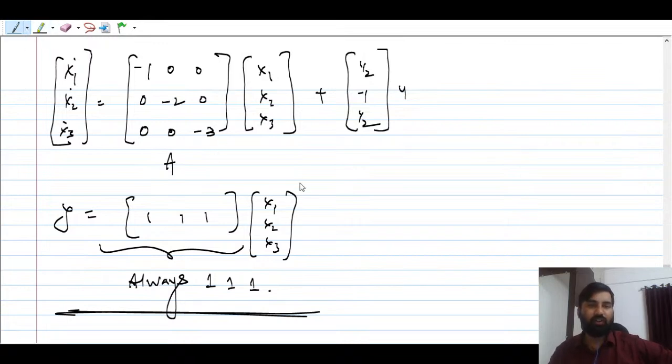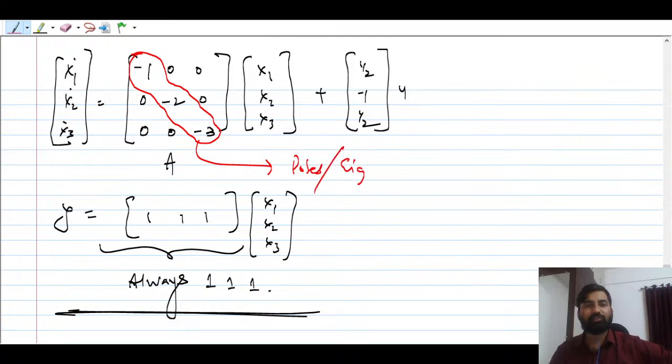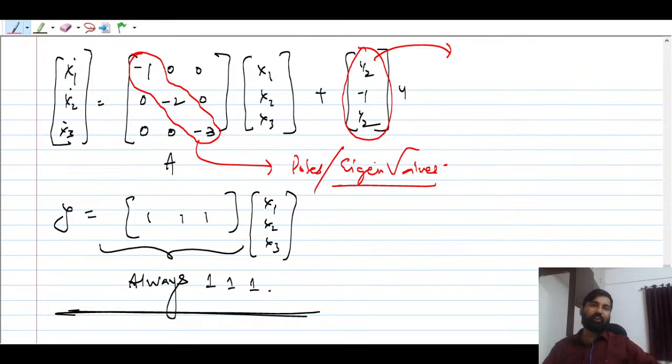Let me highlight all of them so that you guys can understand. These are nothing but the poles, plus eigenvalues. And what are these? These are nothing but the coefficients of the partial fraction expansion, like the A, B, C values.